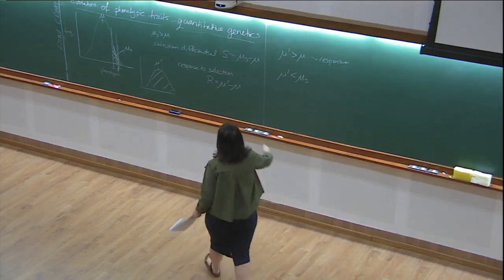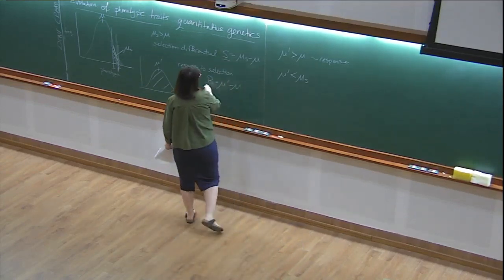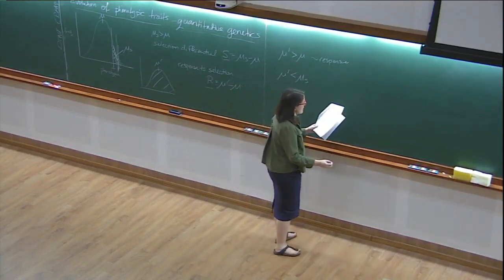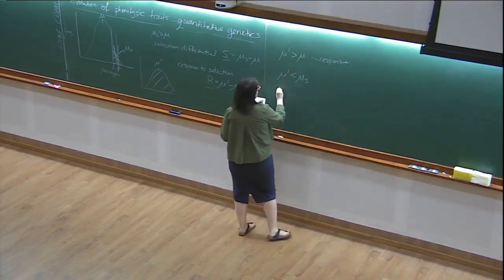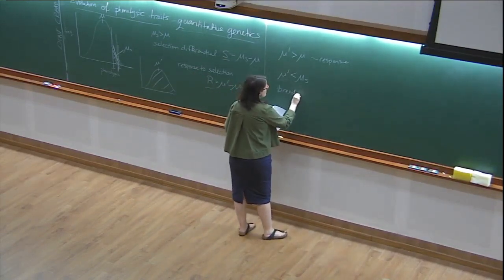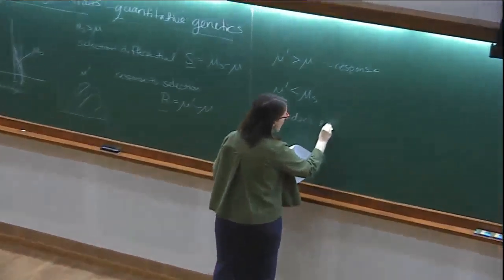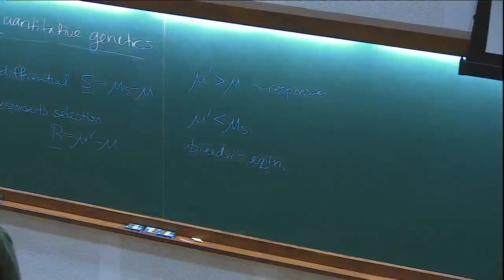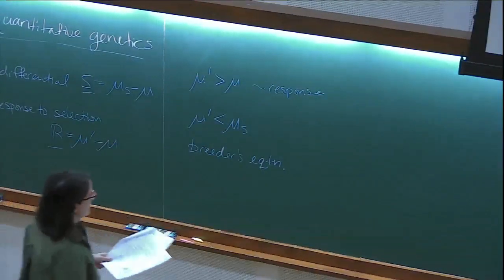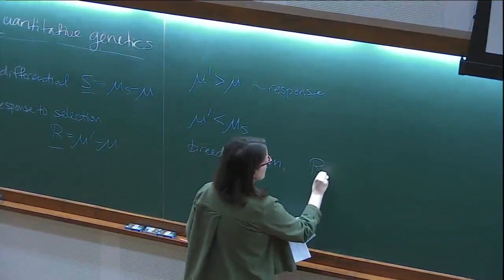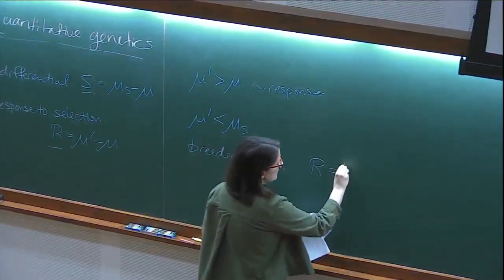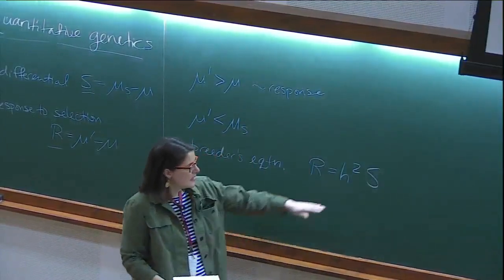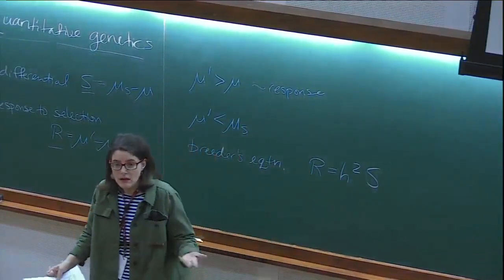These two quantities are very famous in quantitative genetics, and together they show up in something sometimes called the breeder's equation. It's called that for the reason you might think, because it's used in animal and plant breeding. That equation says that the response to selection is given by how strong selection is, multiplied by a quantity called h squared.